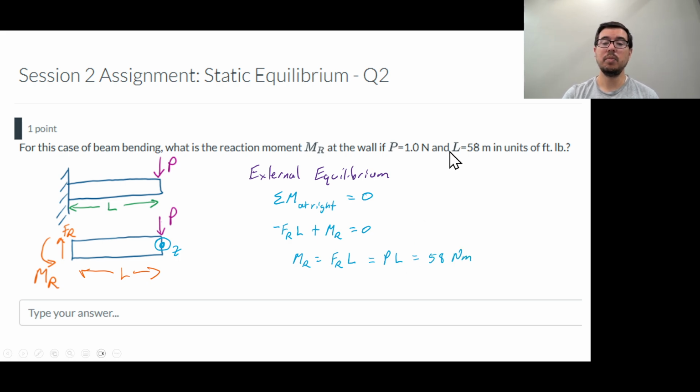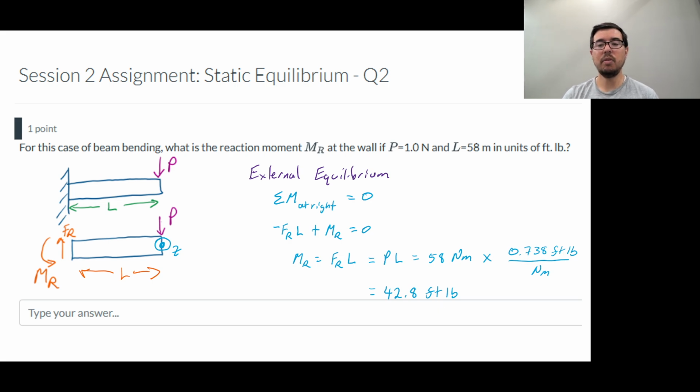We can put in a P of 1 newton and an L of 58 meters, and we get 58 newton meters. The question, though, is asking us to provide our response in units of foot-pounds. So we need to provide a little bit of dimensional analysis and a conversion between foot-pounds and newton meters, as we see here, and the result is that we have 42.8 foot-pounds.